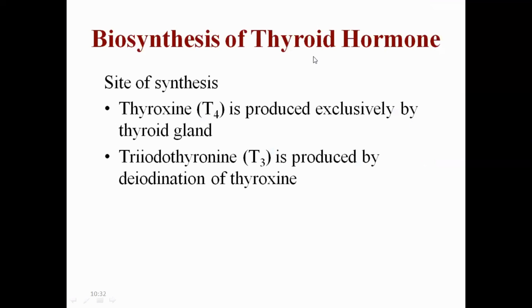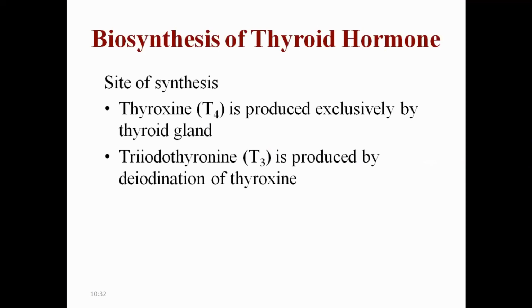So now we'll move on to the biosynthesis of thyroid hormone. By name itself, we know that thyroid hormone must be synthesized in the thyroid gland. The synthesis requires 2 substrates.